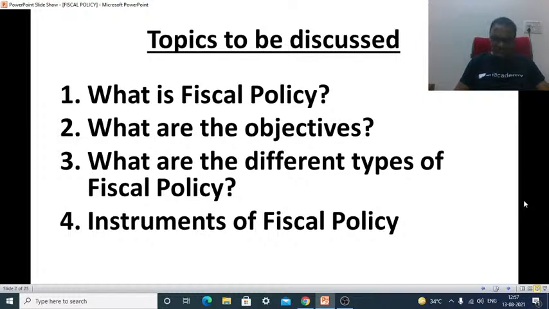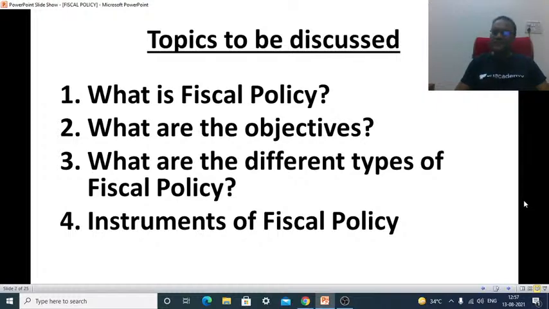Let us assume that overall expenditure of the government is 100 rupees, and the revenues that the government is getting from tax and non-tax sources is around 70 rupees. So fiscal deficit will be 100 minus 70. That will be 30. And how does the government finance this fiscal deficit?